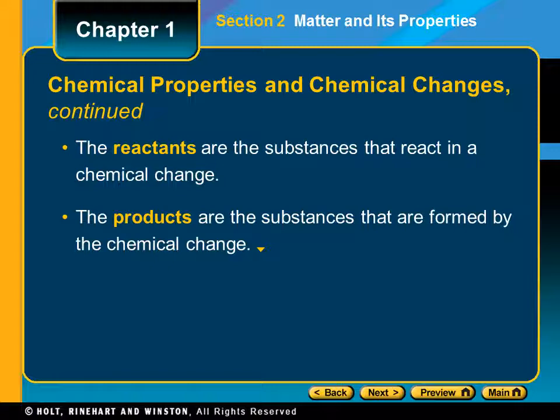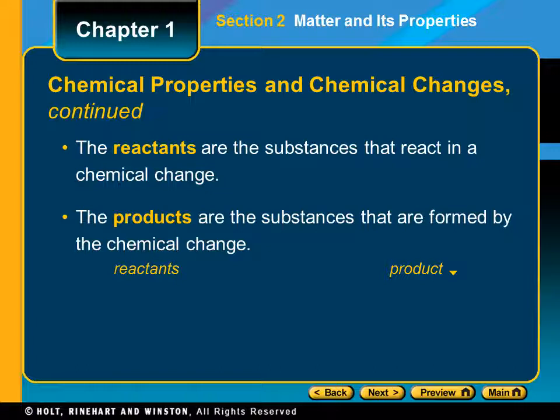If I do something or catalyze them so that they bond together and you create water on the other side, now that water is the product. It's the substance that's formed by the chemical change. So hopefully that helps you understand how we define reactants and products.